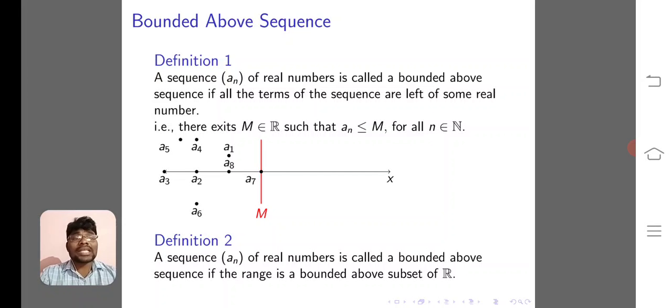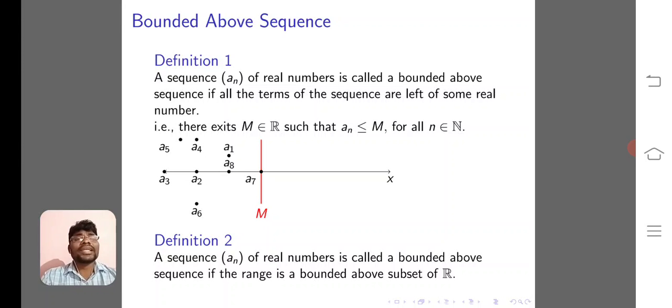Now come to what is a bounded above sequence. A sequence (a_n) of real numbers is called a bounded above sequence if all the terms of the sequence are to the left of some real number.